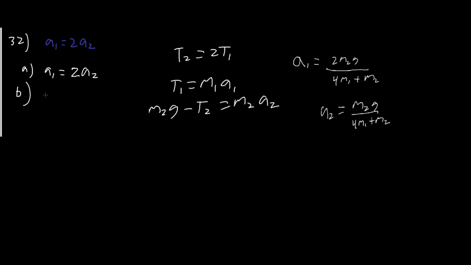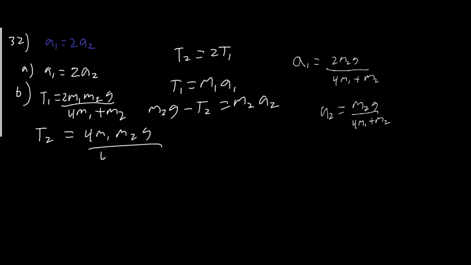All right, so let's get the tensions. So T1 here, once you solve it, is M1A1. I'm just going to replace this with that equation for A1, so that's 2M1 M2G over the 4M1 plus M2, and T2 would be double that length, so that would be 4M1 M2G over 4M1 plus M2.